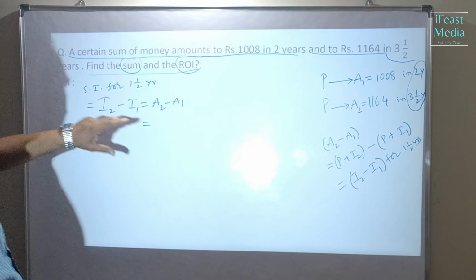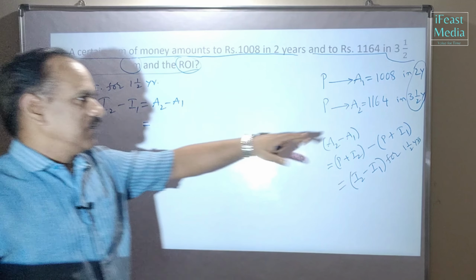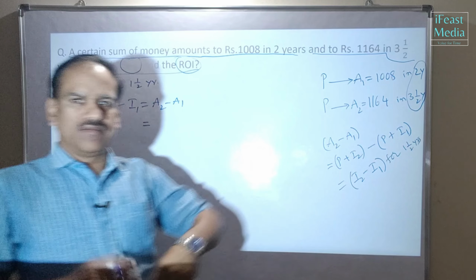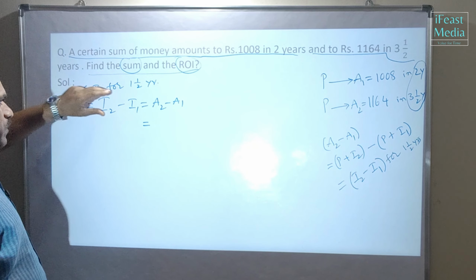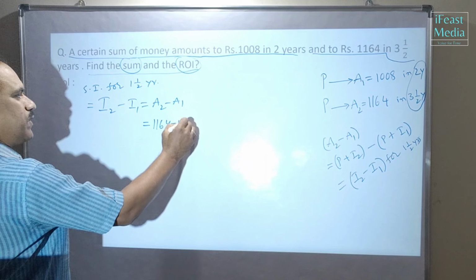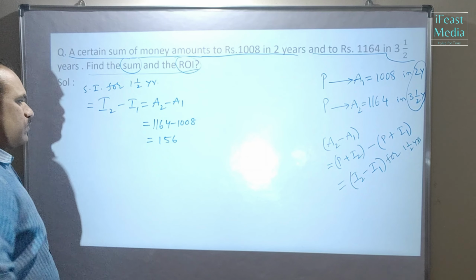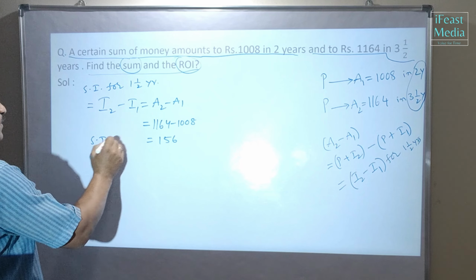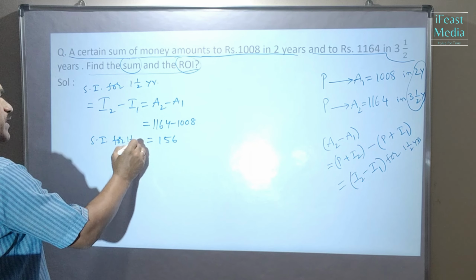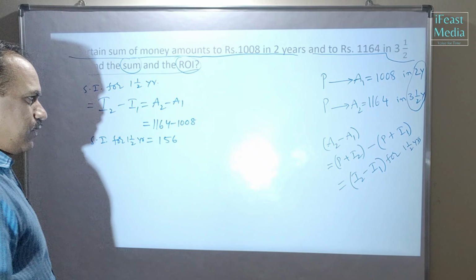I2 minus I1 means simple interest for 3.5 years minus simple interest for 2 years, which is simple interest for 1.5 years. So this is 1164 minus 1008, which is 156. So simple interest for 1.5 years is 156, right?